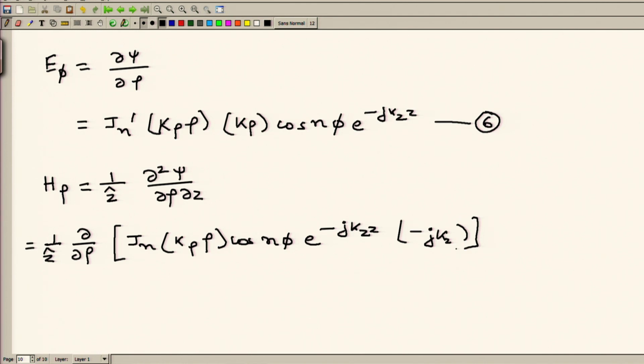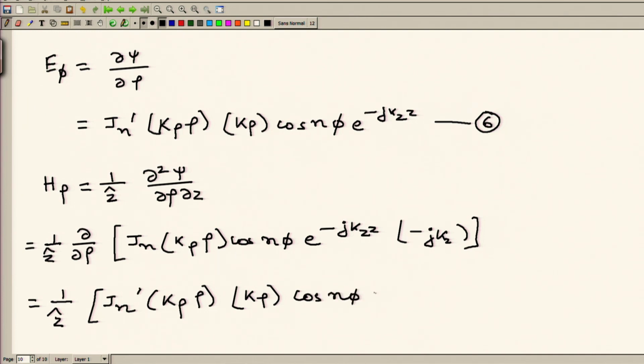Then again with respect to rho we get 1 upon z cap J n prime k rho times k, cos of n phi e to the power minus j k z z times minus j k z. So, this is equation number 7.